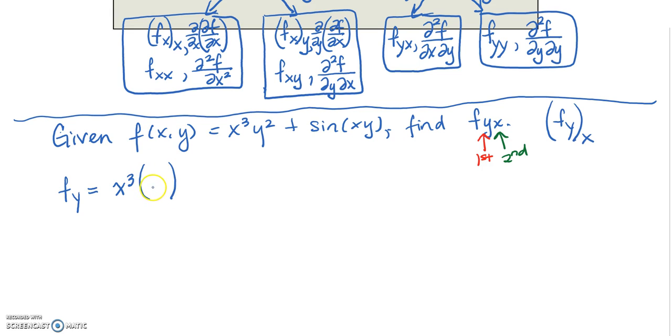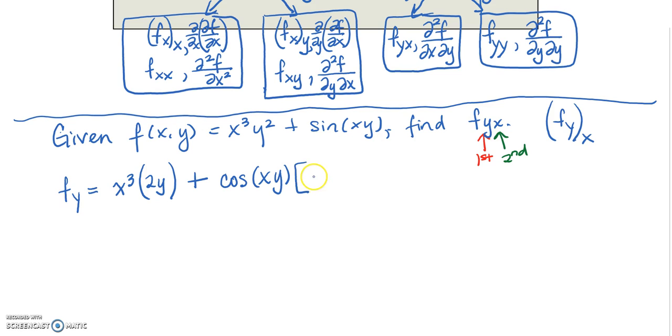So the partial of y squared with respect to y is 2y, plus, and now I have this sine term, so the partial of sine is still cosine. Leave the argument alone. But then with the chain rule, I need to go inside that argument and also take its partial derivative with respect to y.